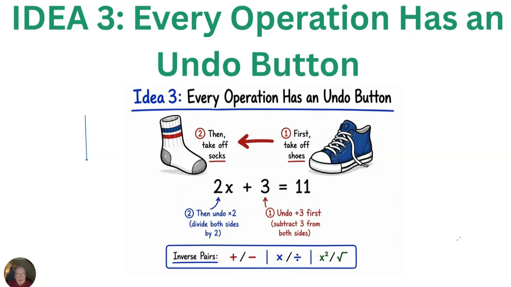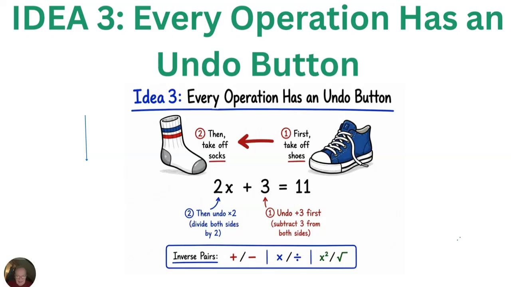Okay, now we're looking at idea number 3, which is every operation has an undo button. What I mean by this is, look at the example of the shoes and socks. First thing we would do is take off our shoes, and then we would take off our socks. Of course, the reverse of that would be we'd put on our socks first and then put our shoes on. So we're going to look at what we just did in the last slide to keep things in balance. We started out by subtracting 3 from both sides, because the only way you're going to undo the plus 3 is to subtract 3 from both sides.